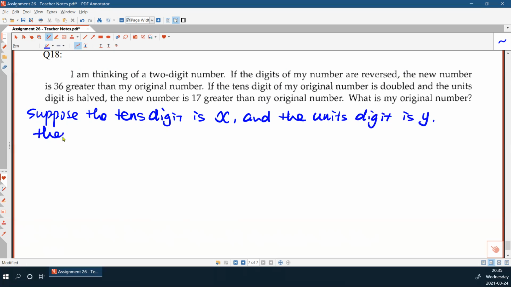Then the number should be 10x plus y, right? Because when you have a tens digit x and the units digit y, you will have 10x plus y. This is the actual number, right? This is our original number.